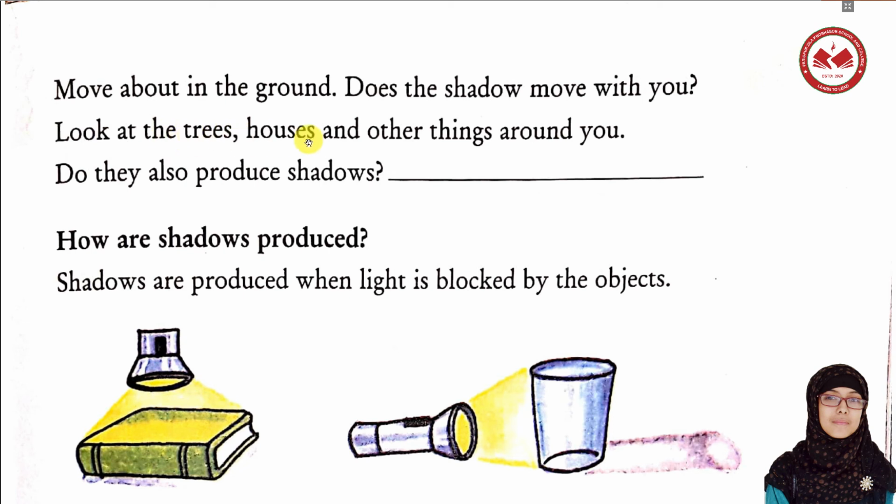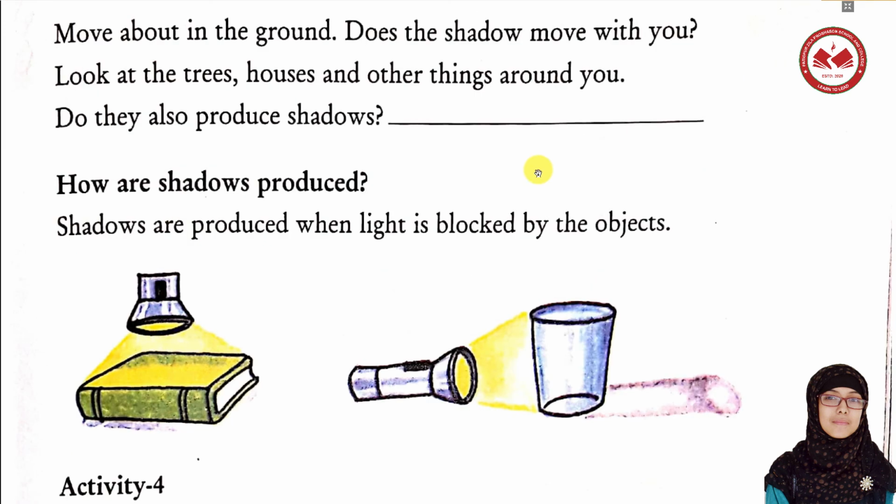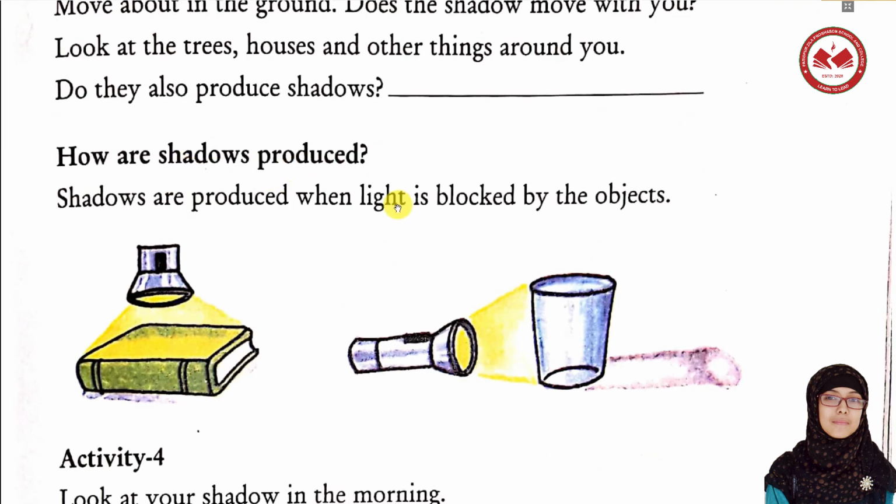Look at the trees, houses and other things around you. Now, pay attention to the trees, houses and other things around you. Do they also produce shadows? Do those objects also have shadows? Of course, right? So let's see how are shadows produced.